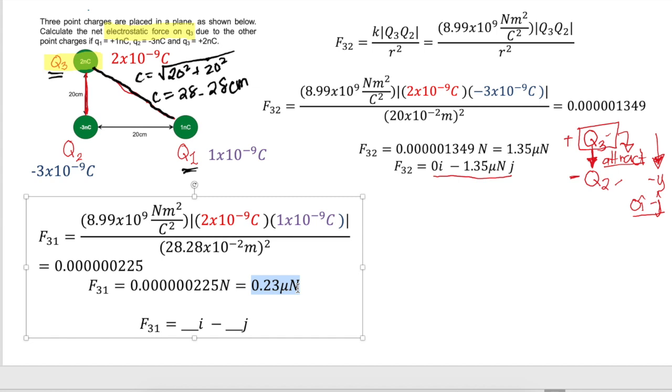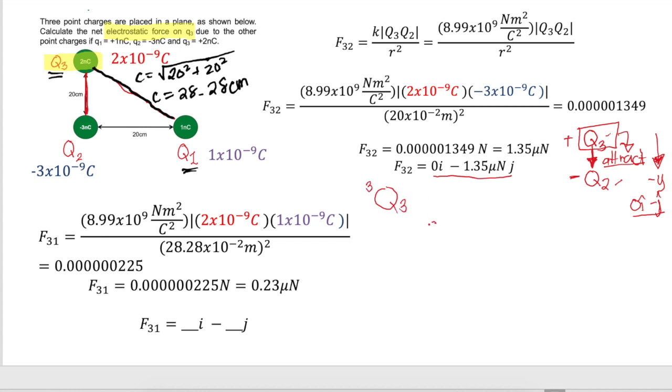But the problem is, we should know the component form. So let's talk about the i hat and the j hat.